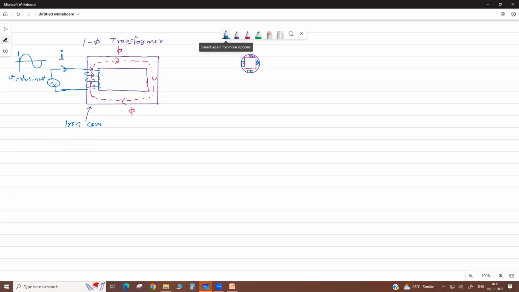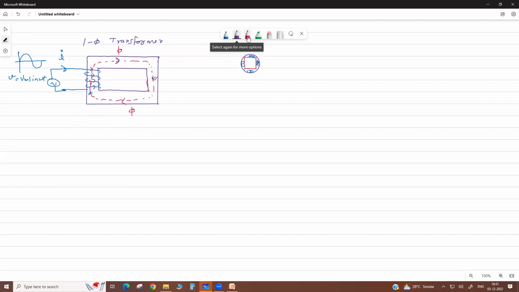It means flux flows easily in the core. It provides a low reluctance path, so maximum flux will flow in this path, like current flows in the low impedance path.